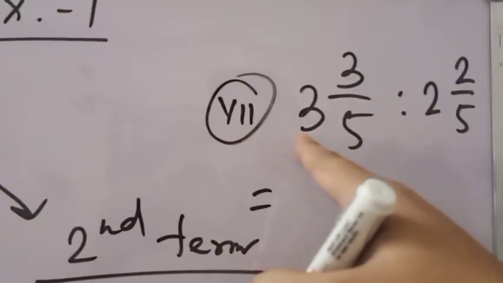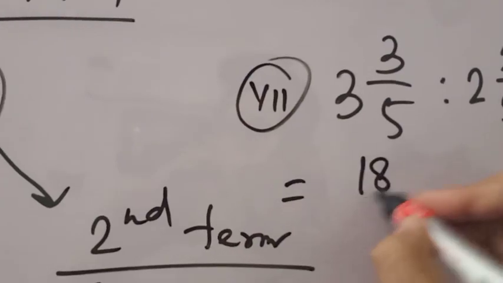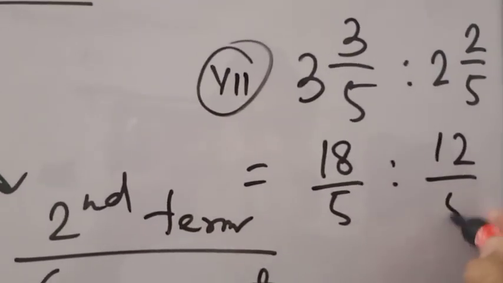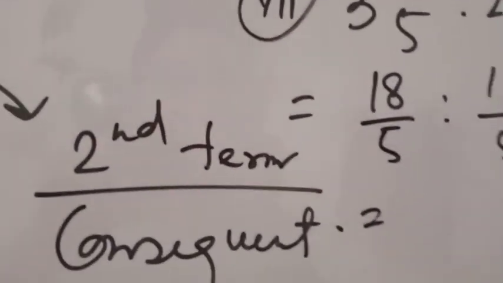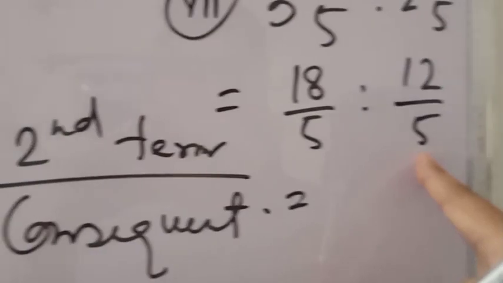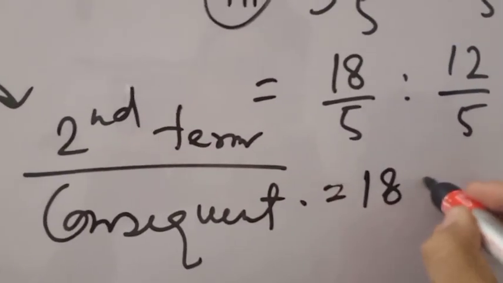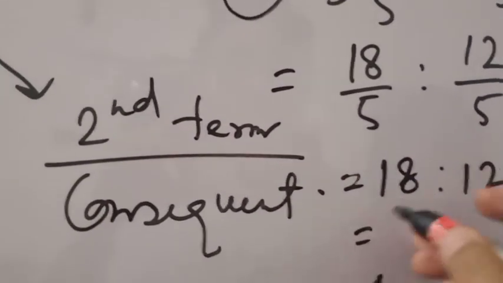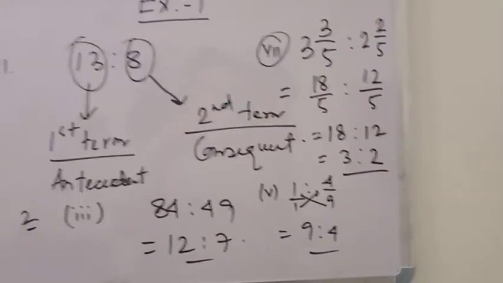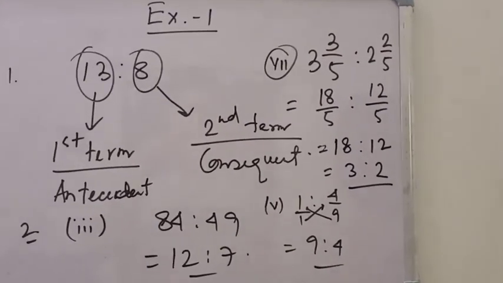So 3 into 5, 15, that is 18 by 5 is to 12 by 5. Now if the denominator is common, then we can ignore it. So we can write 18 is to 12. Now we can divide by 6 here, so 3 is to 2. So the ratio of this fraction is 3 is to 2.